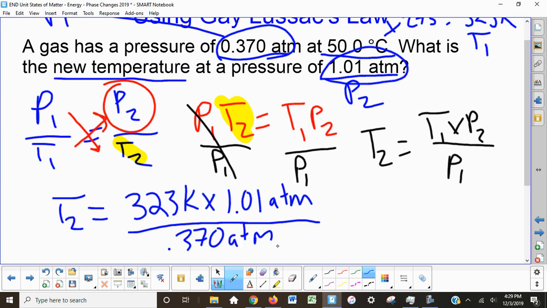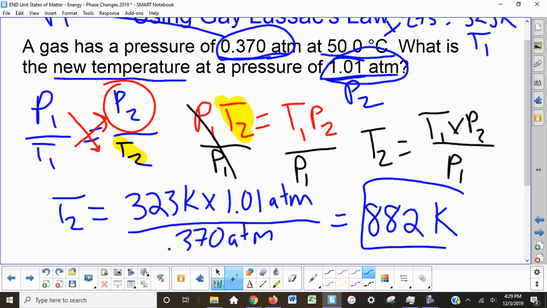So type in 323 times 1.01 in my calculator, then divide that by 0.370. In my calculator, it's going to read 881.70, etc. I need to round that to 3 sig figs, since all of these numbers have 3 from the initial. So 882 Kelvin would be my new temperature, which seems reasonable since I increased the pressure. The temperature should also increase.